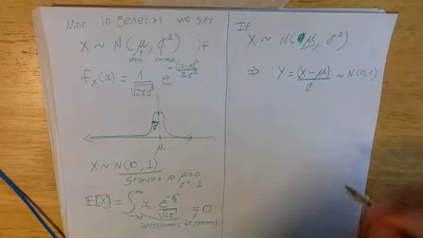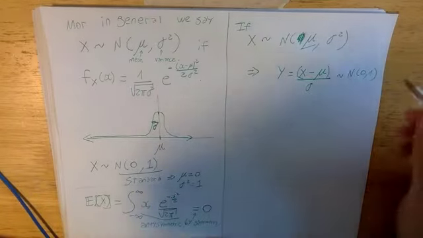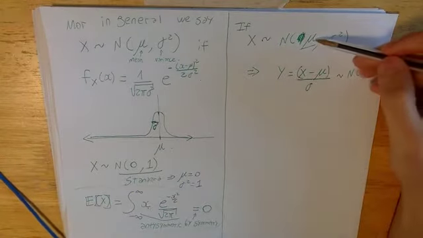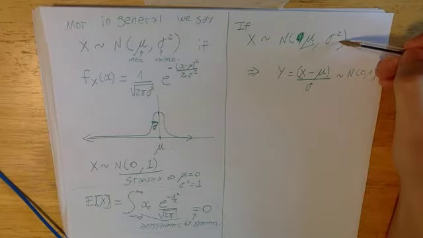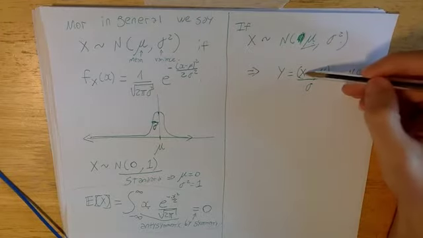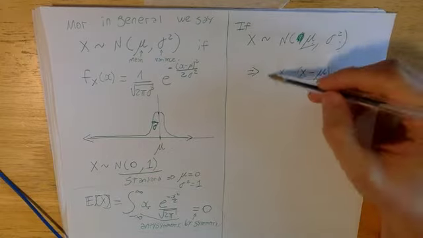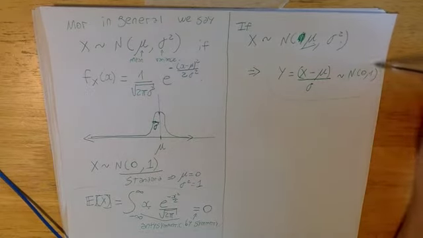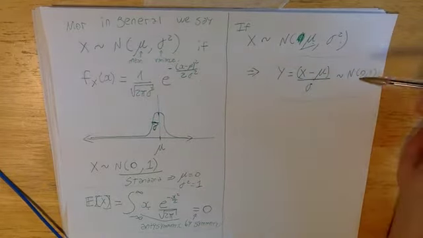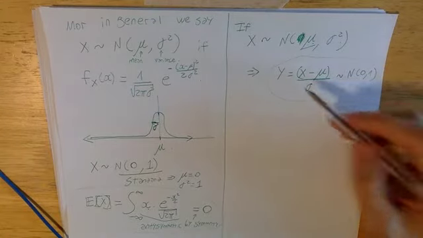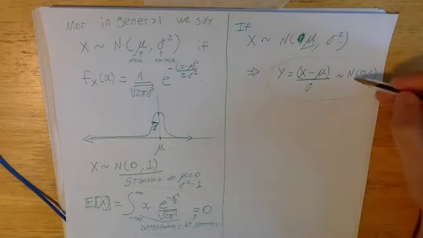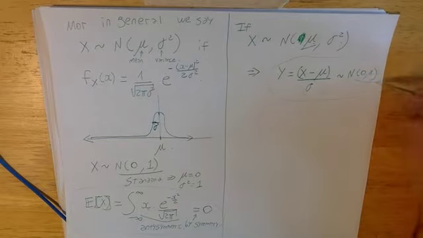So if you have something that is normally distributed with parameter mu and variance sigma squared, you can take this to obtain a new distribution which is standard normally distributed.